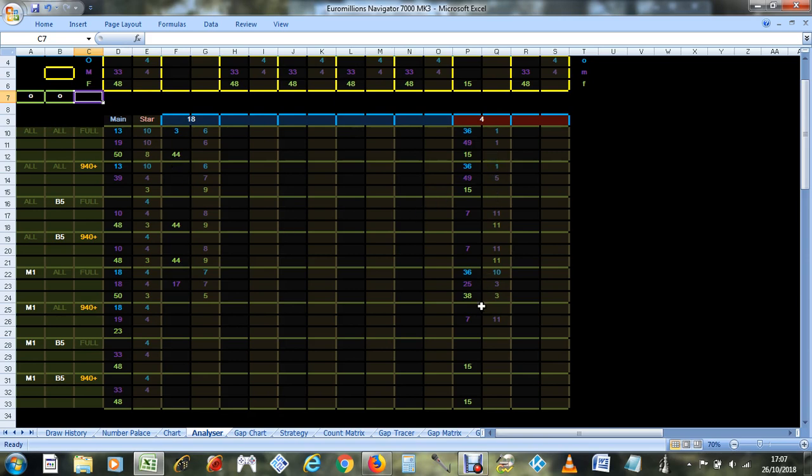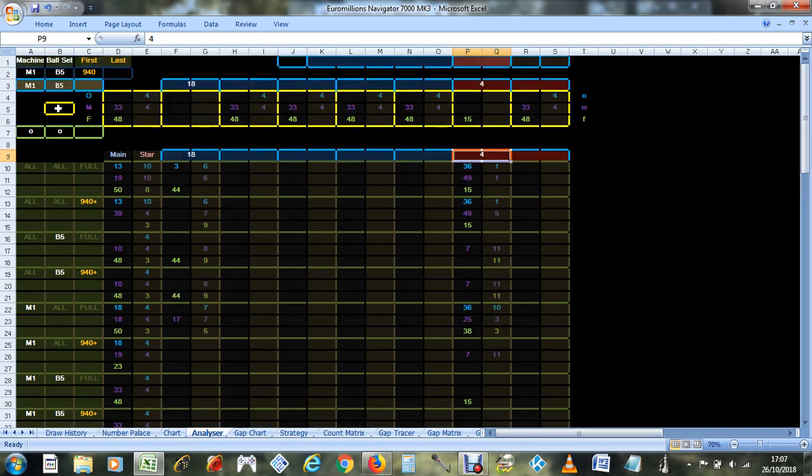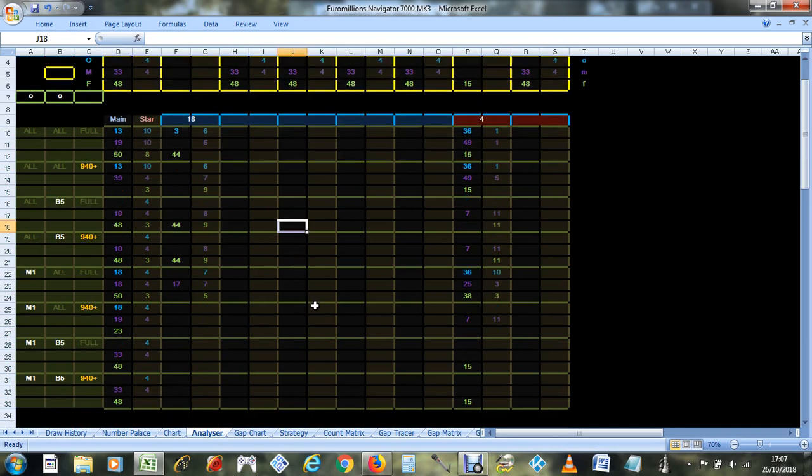Now, number 4 doesn't point to 44 as well. So what I'm going to look at now is if any of these numbers or these numbers match, and it doesn't look like they do.